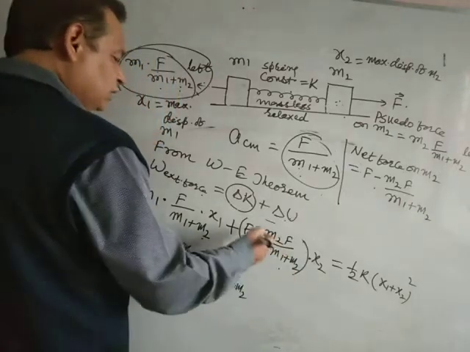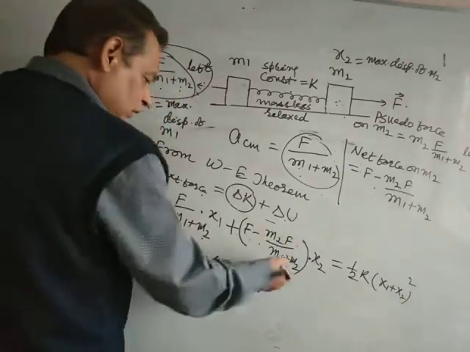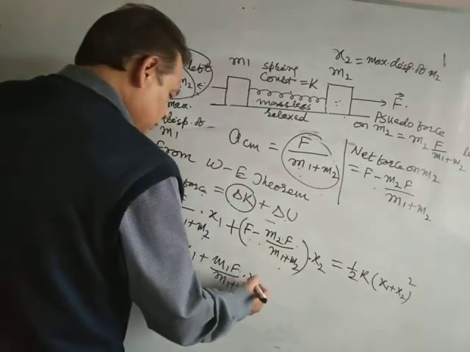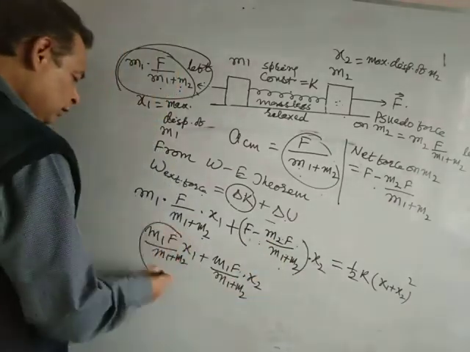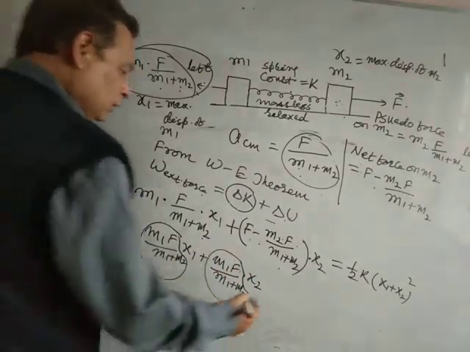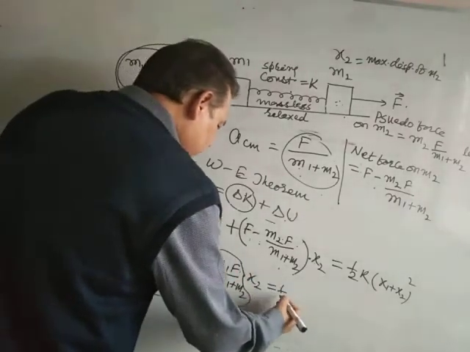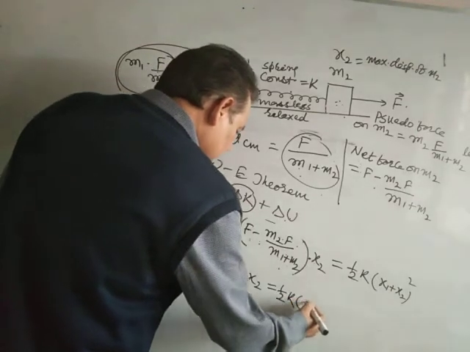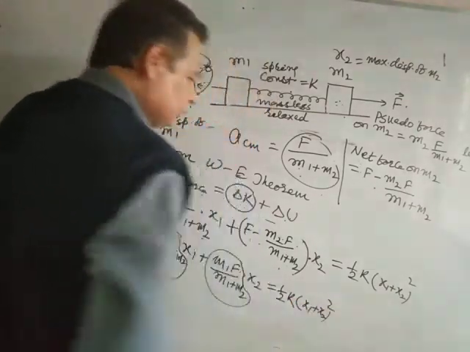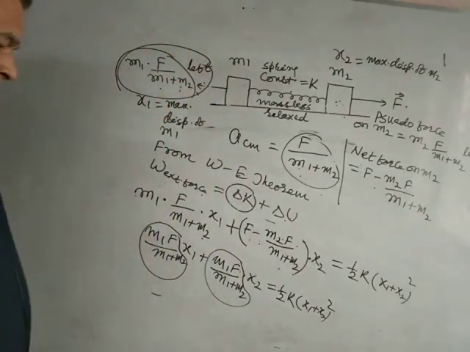I hope you understand this bracketed part. This is the remaining portion, because m2 F will be cancelled, into x2. This is common in both. That equals half of k x1 plus x2 squared. Okay?